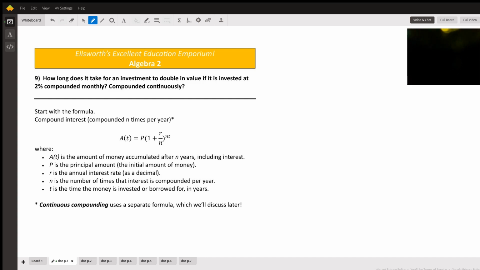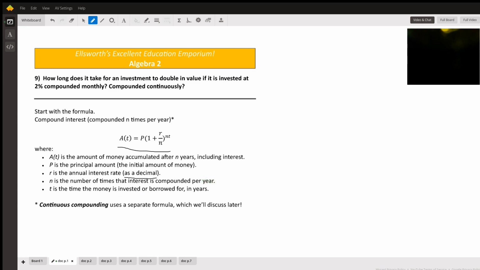Well, let's start with the formula. There's a formula right there. A of t is equal to that business right there. And that's where everything means. P is the principal, how much we invest. R is the rate, as a decimal. I emphasize that because that's where so many students go off the rails.